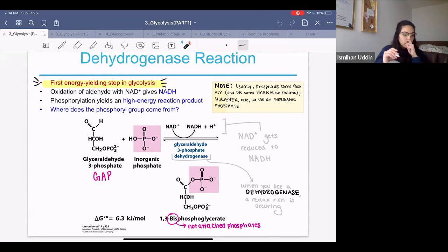Okay, so let me process what's happening here. This attaches itself onto here. Then we have a bisphosphoglycerate because we still have that 1 phosphate here, and now 1 phosphate and 3, hence it's 1,3-bisphosphoglycerate.